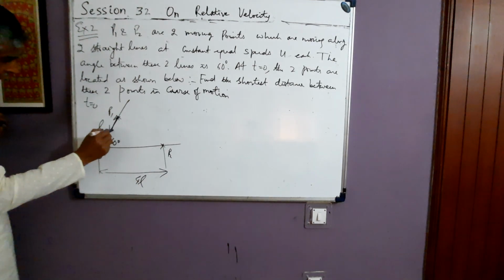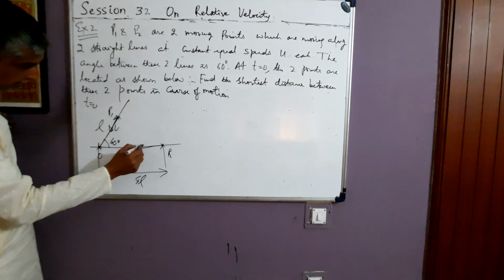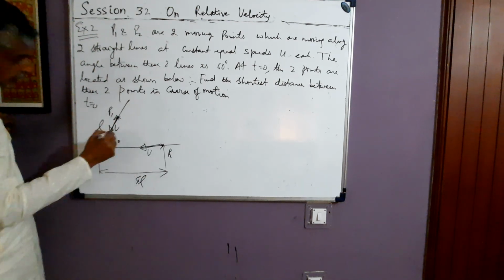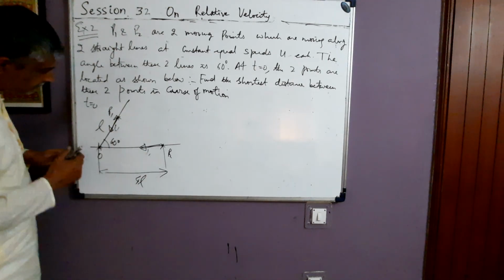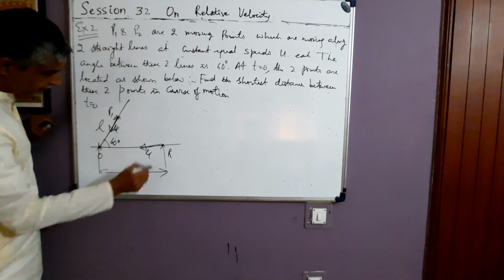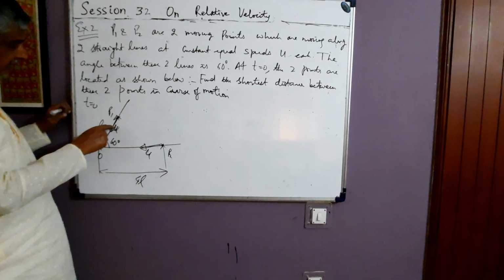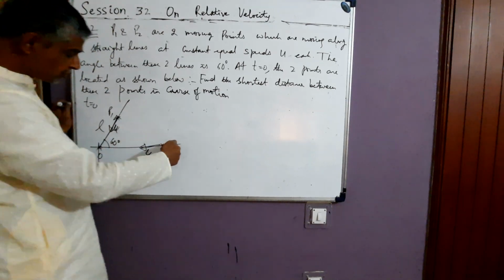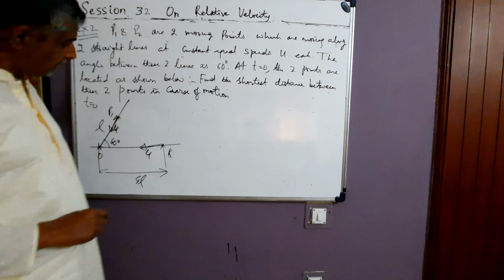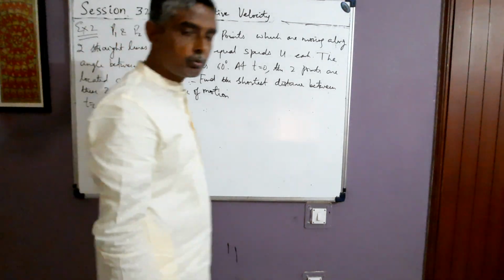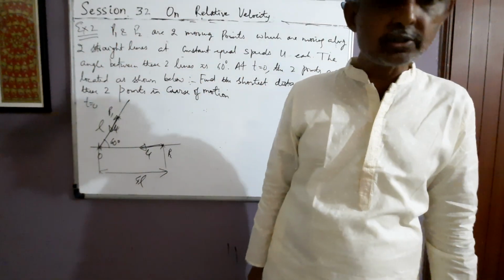P1 is moving at a constant speed u towards O and P2 is also moving at the same constant speed u towards O. Now we have to find the shortest distance between these 2 points using the relative velocity concept.